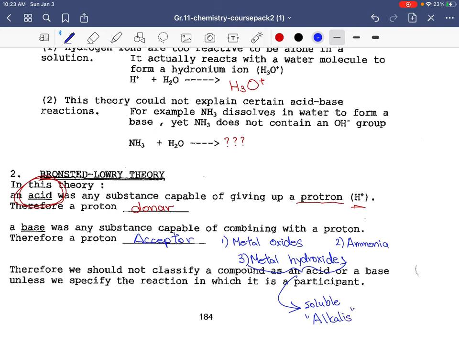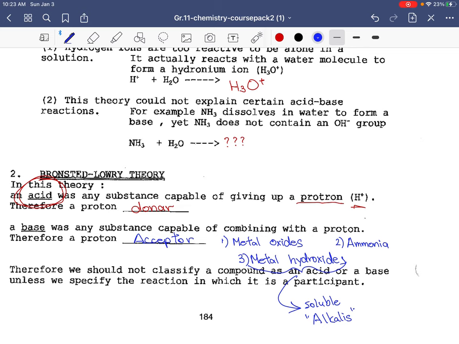Usually, group 1 alkali metal hydroxides are alkalis, like sodium hydroxide, potassium hydroxide. They're alkalis because they're soluble in water. So those are some terminologies that you have to keep in mind.